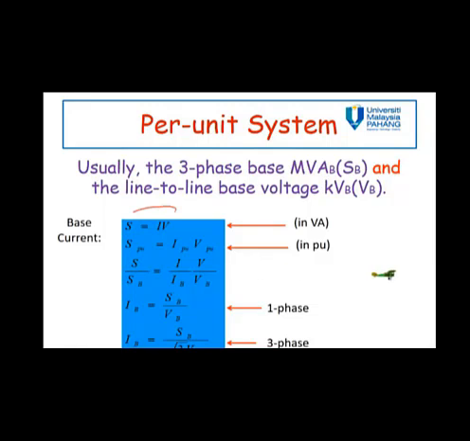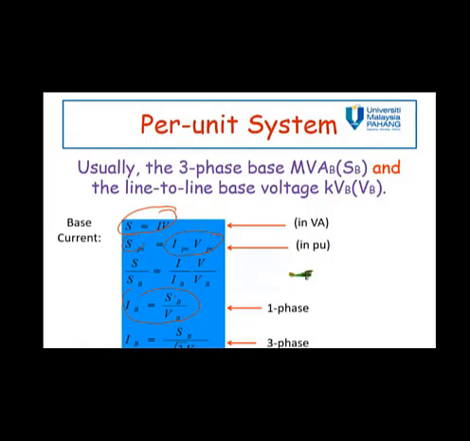Let's say this is single phase. S equals V I. S per unit is the same as I per unit times V per unit and so on. So by solving this equation, we get I base for single phase: I base equals S base over V base.